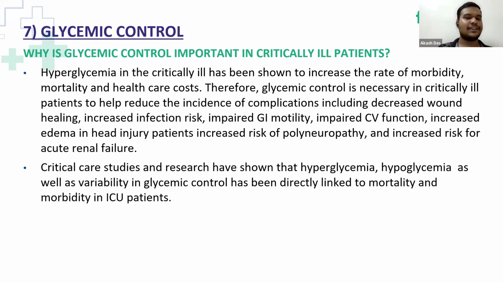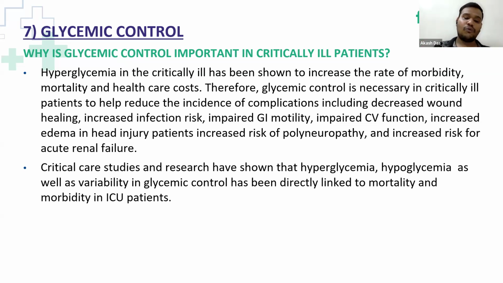There is always an increased risk of infections whenever there is poor glycemic control. GI motility is impaired. In head injury patients, it can increase the edema and result in more secondary brain injury. It can induce polyneuropathy, and because of this, glycemic control in critically ill patients is very, very important.